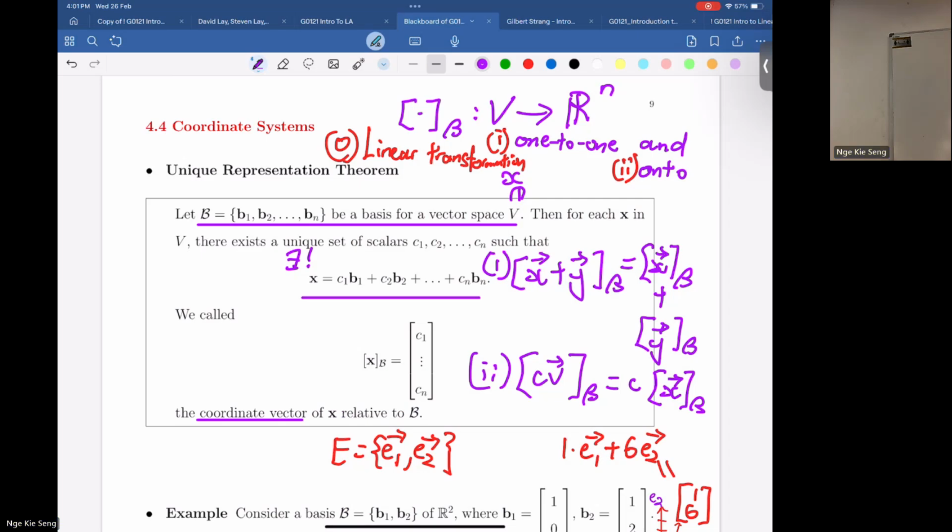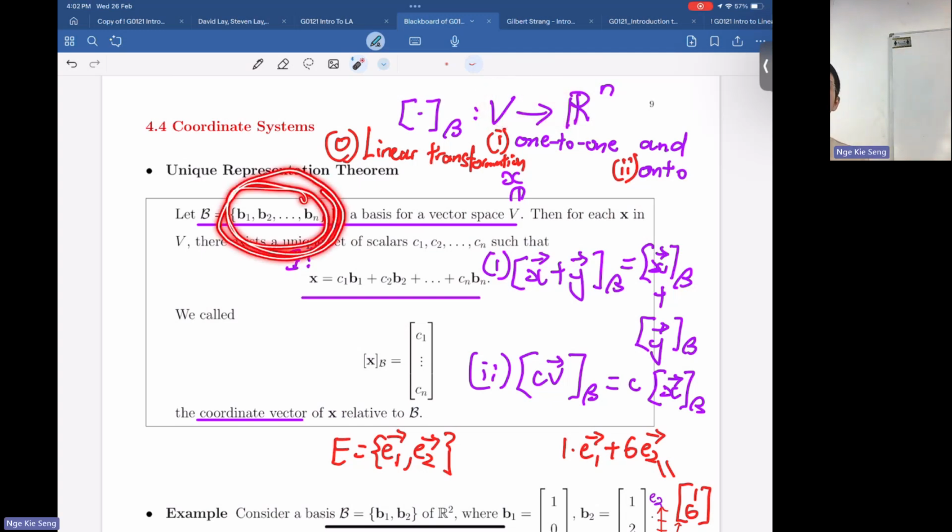Remember last time we gave you different vector spaces, right? Space of polynomials, space of functions. That doesn't look like Rn, no? Correct or not? They are functions, they are polynomials, not vectors. But there's a bridge from all these vector spaces to some Rn, depending on the number of basis vectors you have.